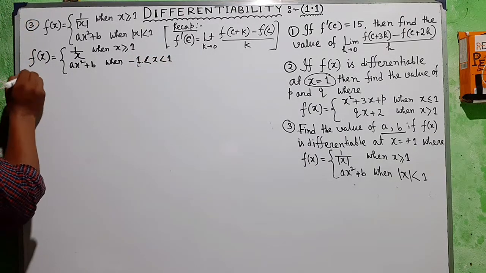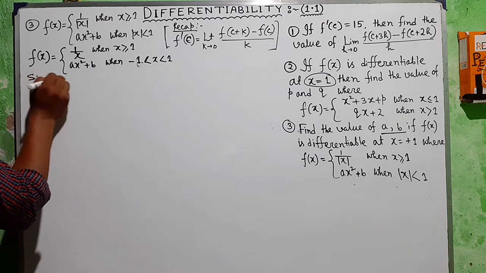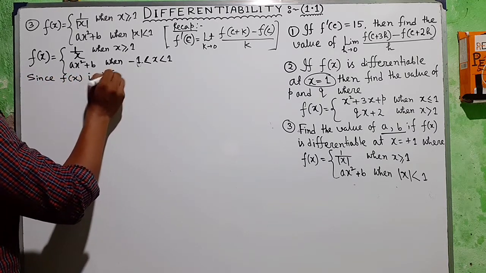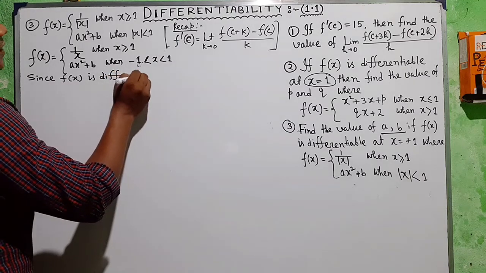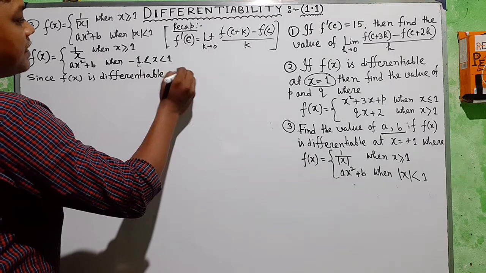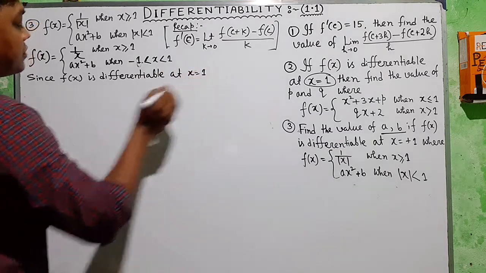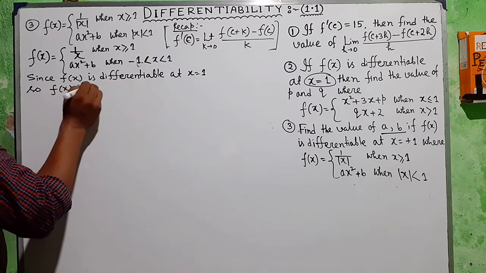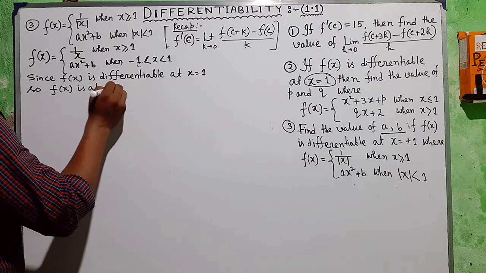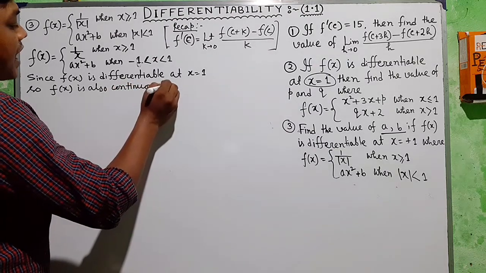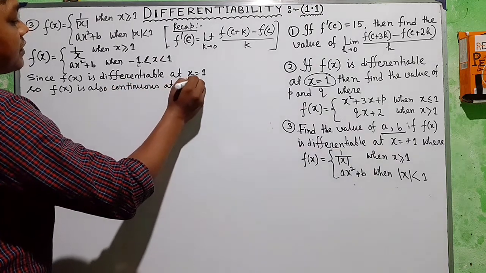So since f(x) is continuous, since f(x) is differentiable at x equals 1, so f(x) is also continuous at x equals 1.